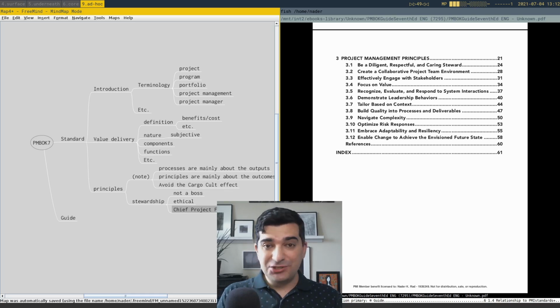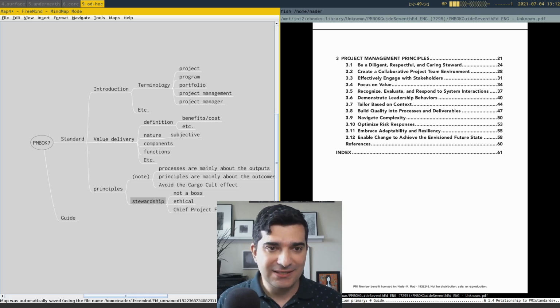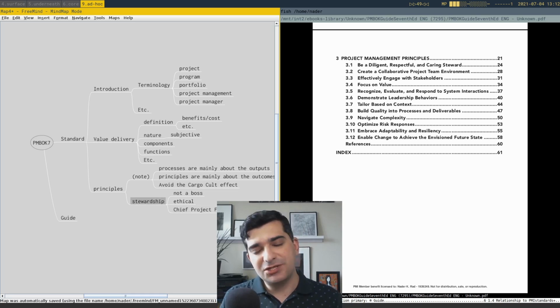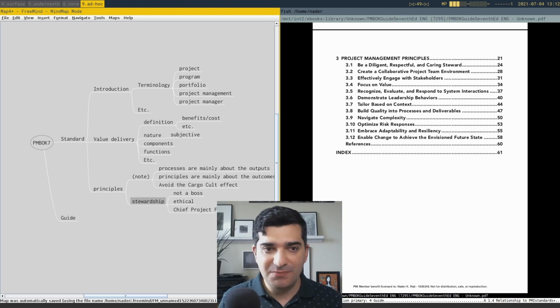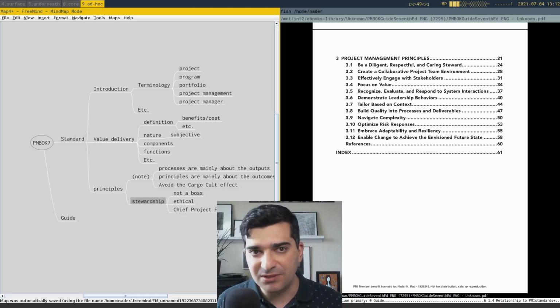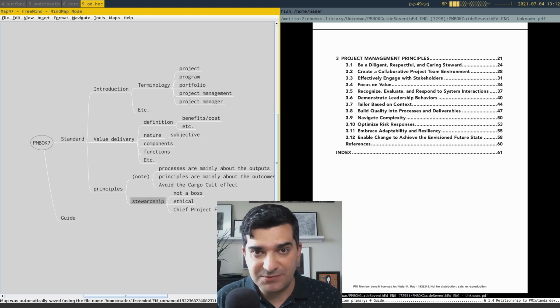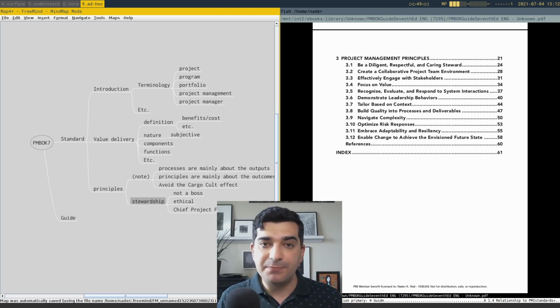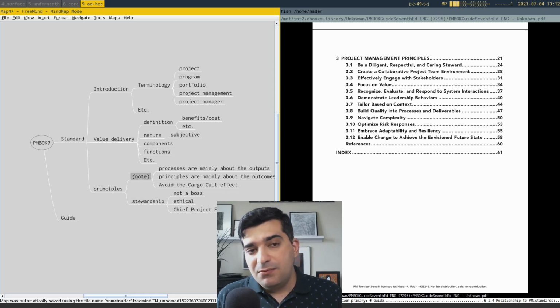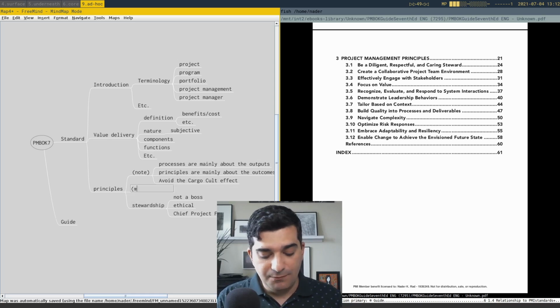Now, I mentioned ethical behavior. There's something important here. We had this discussion to add ethical behavior as a principle, but then we decided not to do that, but understand it as something in a higher level of abstraction. So instead of being a principle, it is something that applies to all principles. We can call it a meta principle.